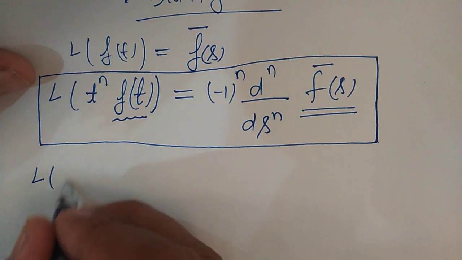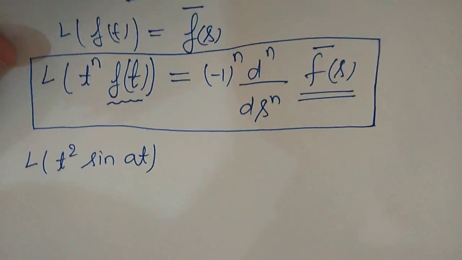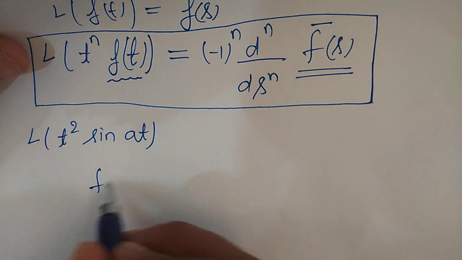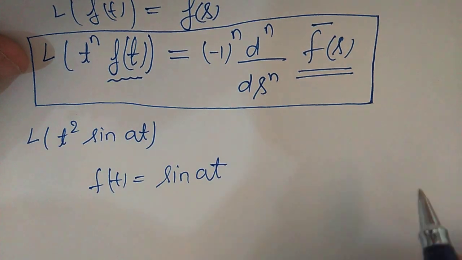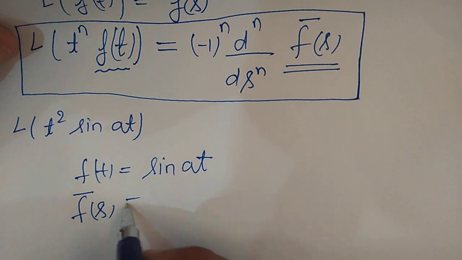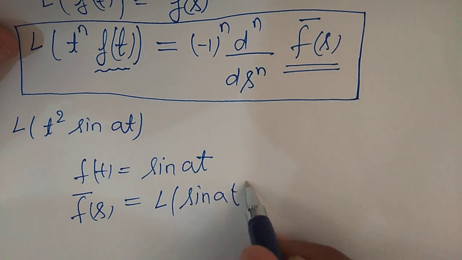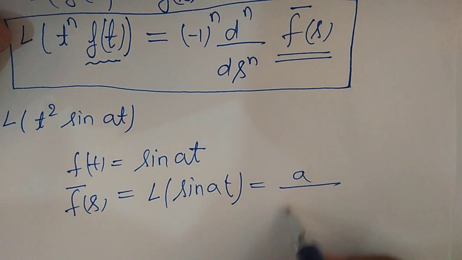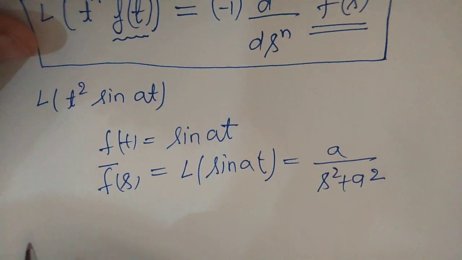Find Laplace of t square sin at. Here f of t equals sin at, and F s bar, the Laplace of sin at, equals a upon s square plus a square.